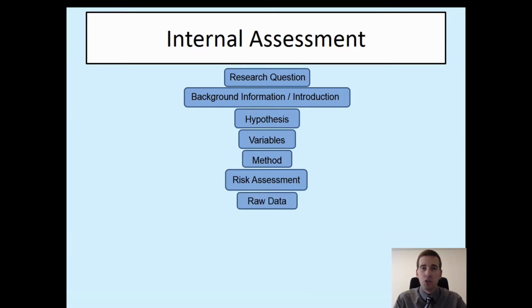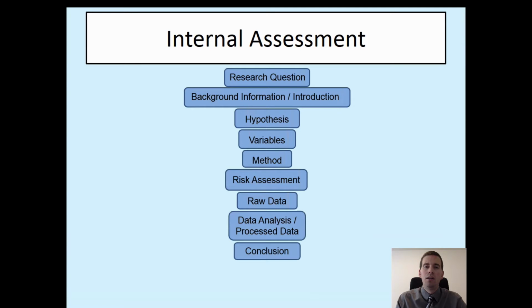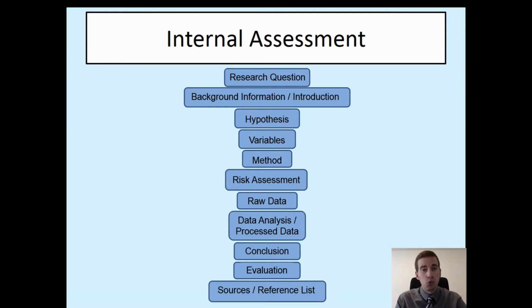Now, after your experiment, you will have raw data, which should be included. You then need to analyze this data, produce what's called processed data, draw the conclusion from your data. You then need to evaluate your experiment. And finally, you'll have your sources that you've used to help you complete this report.